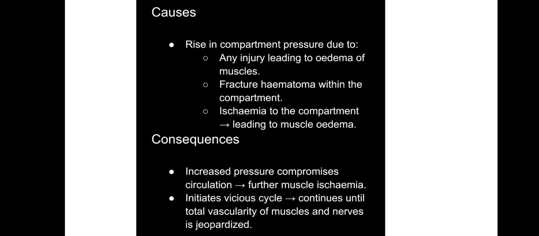Consequences: increased pressure compromises circulation, and there is further muscle ischemia. So when the pressure rises, it compresses the surrounding arteries and capillaries, which can result in further muscular ischemia. And it initiates a vicious cycle which continues until the total vascularity of muscles and nerves is jeopardized or damaged.